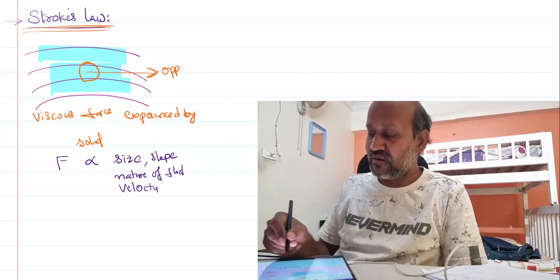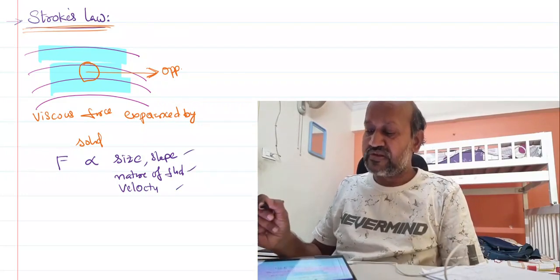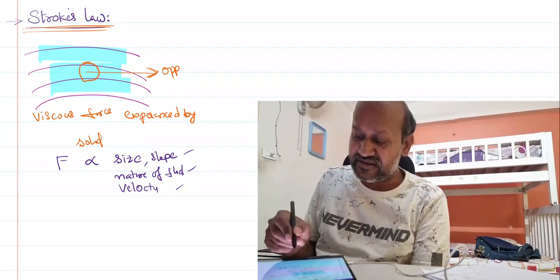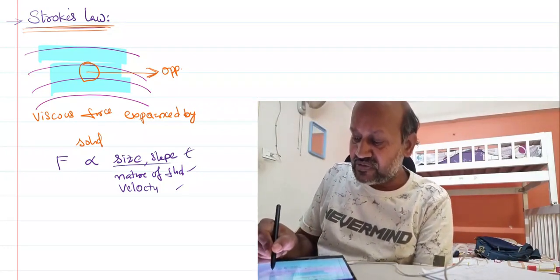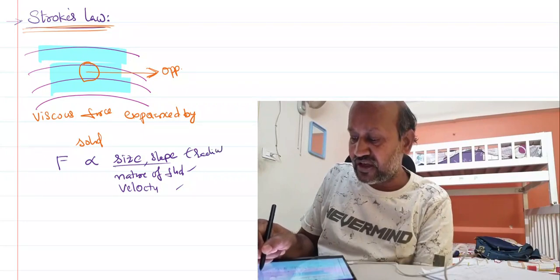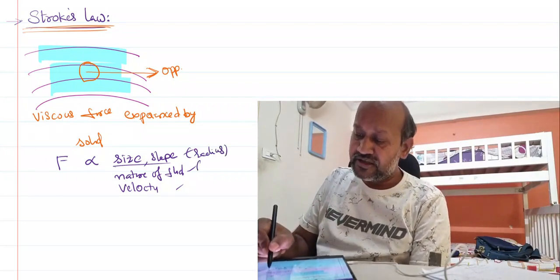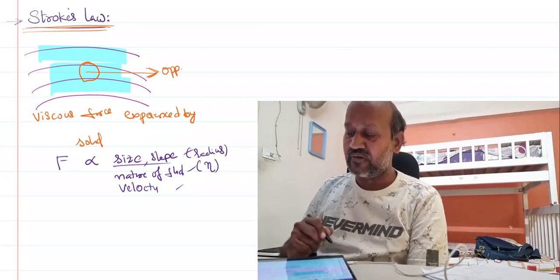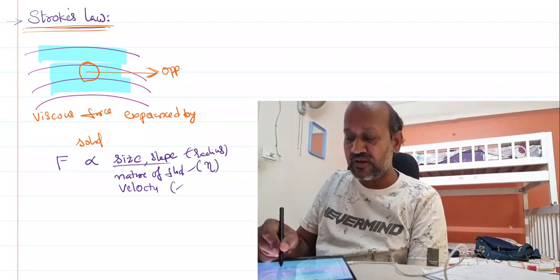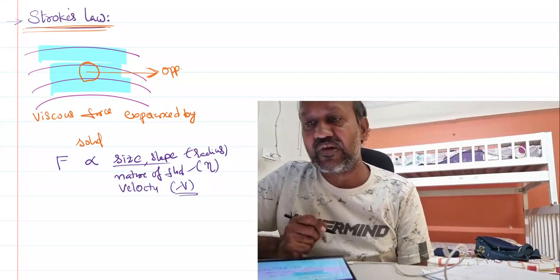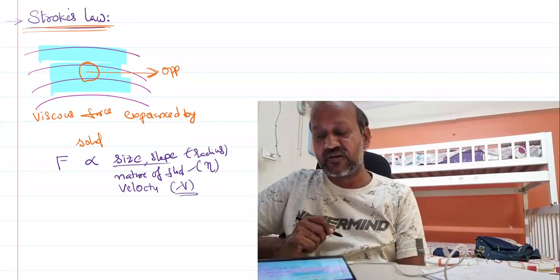So the viscous force experienced by a solid depends on three factors. That's the size and shape, which is measured here as the radius of that solid material. The nature of the fluid is measured with a term called the coefficient of viscosity. The velocity of the solid is the rate of change of displacement, v. So it depends on these three factors.